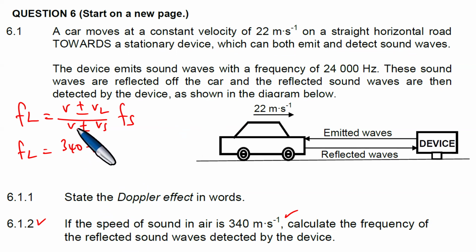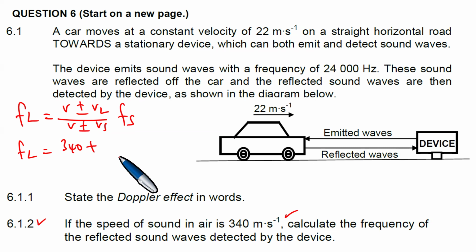So the device obviously continues to emit sound waves with the frequency of this. So this becomes the frequency of the source. But what is the actual velocity of the listener? And what is then the velocity of the source here as a matter of fact?